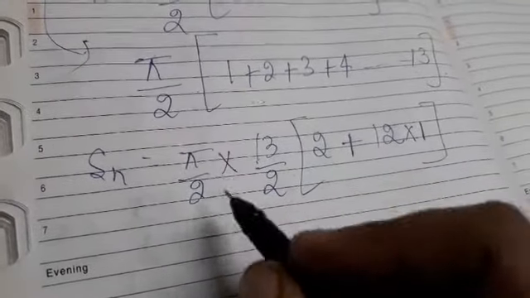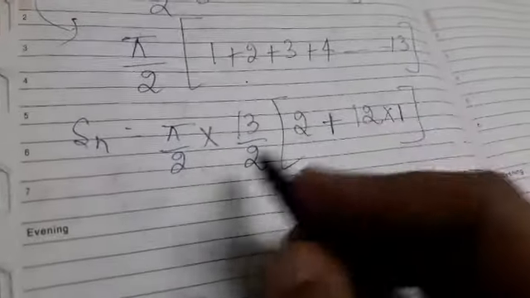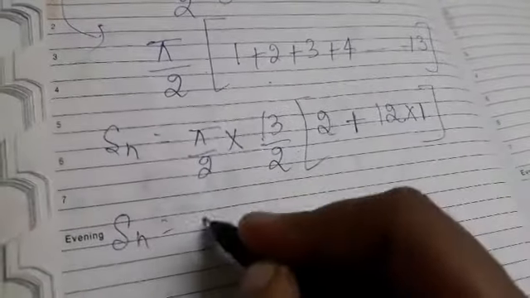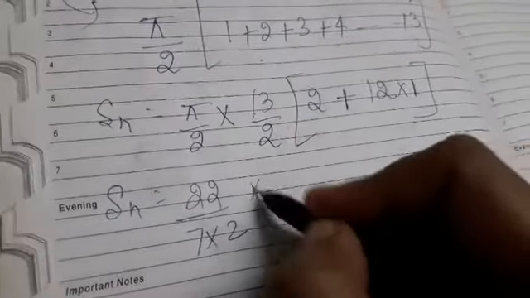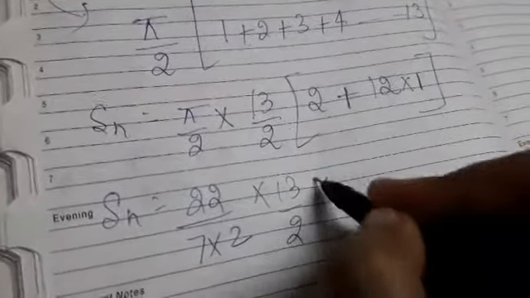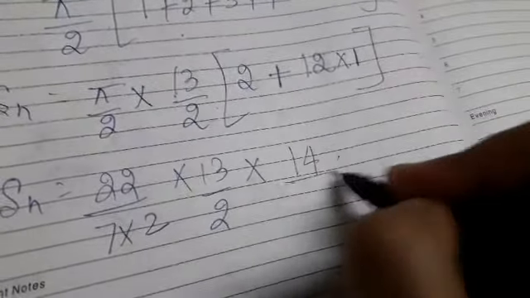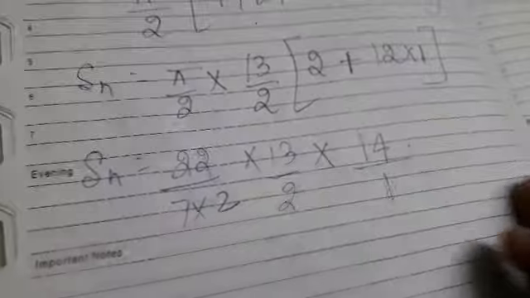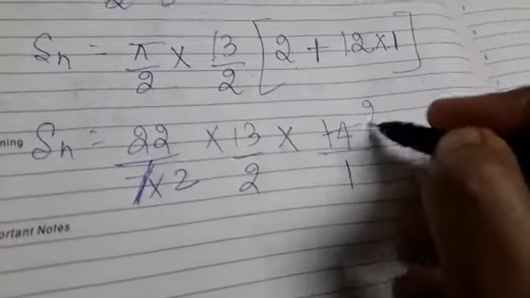So we'll write, if you want you can put the value of pi here, that is 22 by 7. So Sn will be 22 by 7 into 2 into 13 by 2 into 12 ones are 12, 12 plus 2 14 upon 1. So you can easily get the answer. 7 2s are 14.